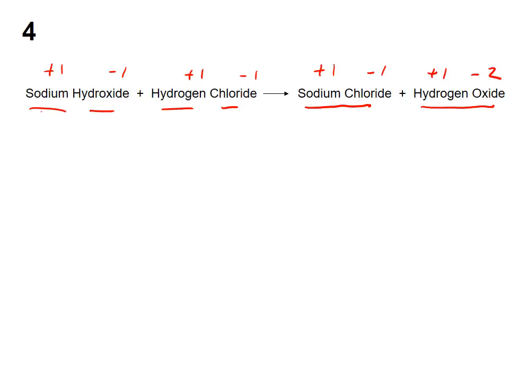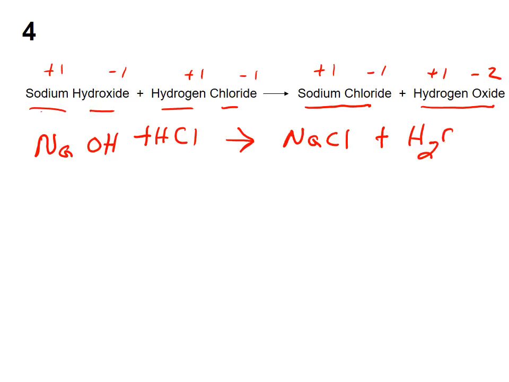Okay, so sodium hydroxide, NaOH, these go together, plus hydrogen chloride, HCl, they go together. We'll produce sodium chloride, NaCl, plus hydrogen oxide, which is H2O. You have to do a cross there.